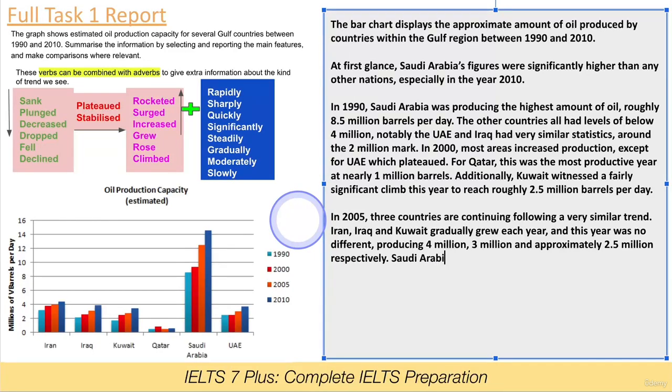Saudi Arabia saw the most dramatic surge in this year, reaching 12.5 million barrels per day. So we don't always have to say barrels per day, but here and there I think it's quite nice.